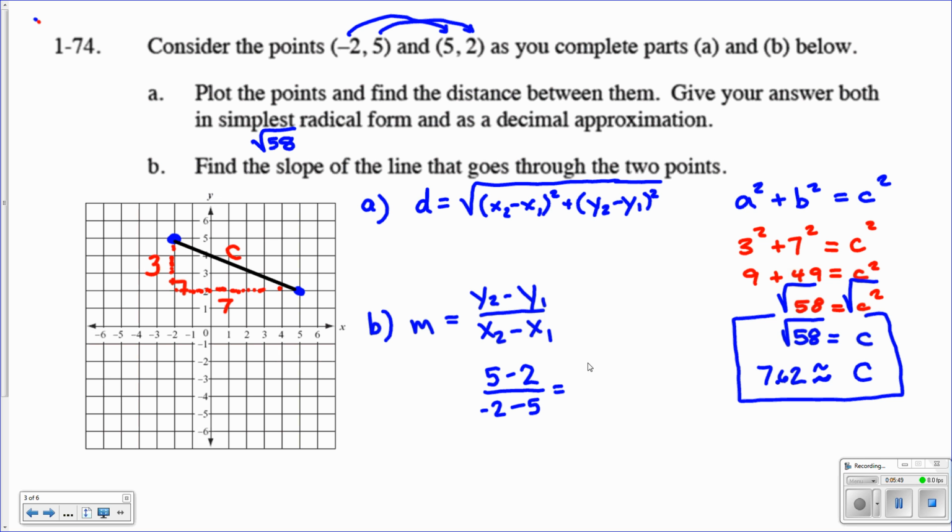And you'll see we will get 3 over -7, which makes sense with everything we've just stated. So our slope is -3/7. Our distance, one more time, was radical 58 units, or 7.62.